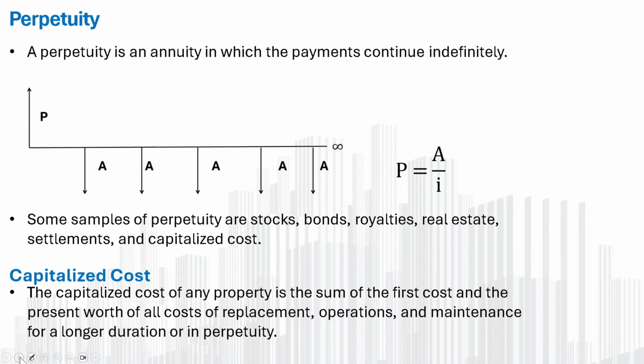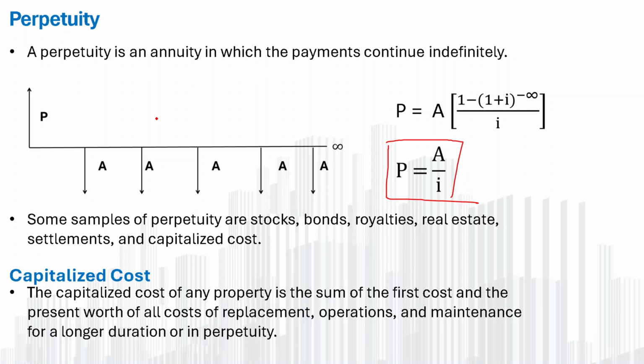Well, the other kind of annuity is called perpetuity. It's an annuity whose payments continue indefinitely. You can see, ito yung classic formula natin, pero hindi define yung period niya since it's infinity. And ito lang naman yung formula ng perpetuity. Types of perpetuity include stocks, bonds, royalties, real estate, and capitalized costs, especially pagdating sa mga maintenance ng equipments.